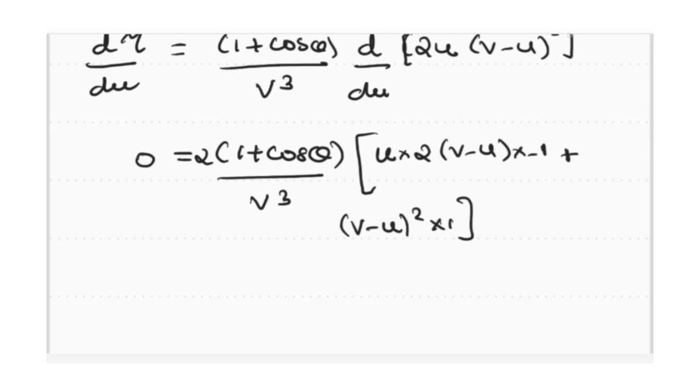That should be equal to 0. Taking all of v cube to this side, 0 divided by 2 into (1 plus cos theta) is 0.